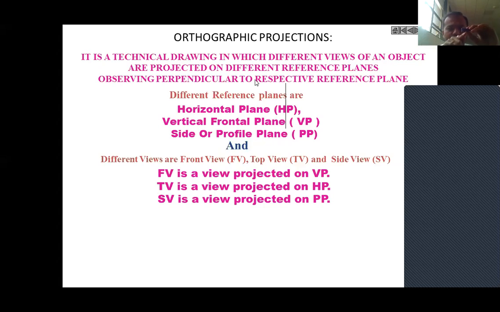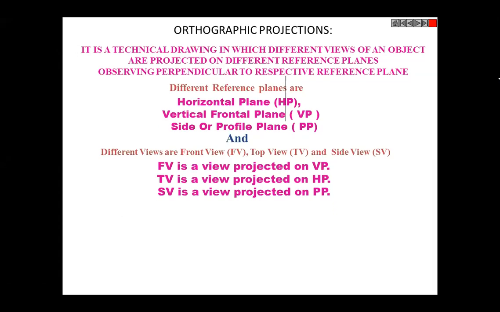This is the front view I am looking from here, so it will always be in the vertical plane. Yes, correct. If I want to see the top view of it, it will always be on the horizontal plane, and the side view will always be projected on the profile plane.